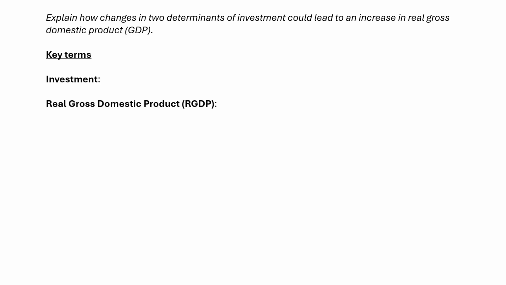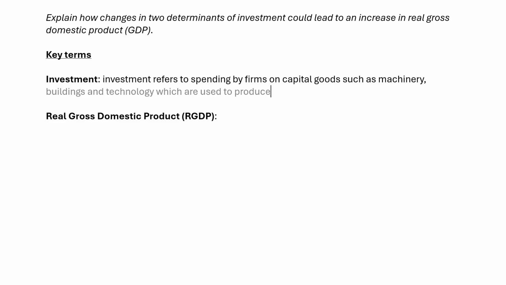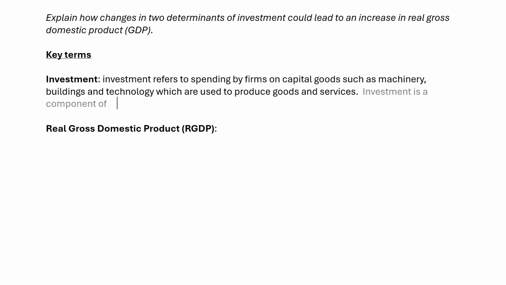So in terms of investment, investment refers to spending by firms on capital goods such as machinery, buildings, and technology, which are used to produce goods and services. Investment is a component of aggregate demand.